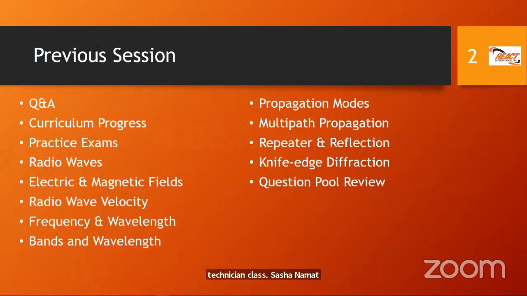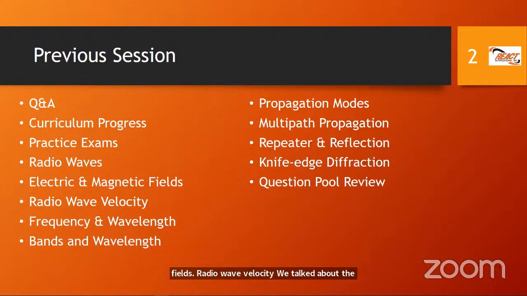During our previous session, we looked at a Q&A. We saw where we were in the curriculum. We mentioned again the practice exams. Then we delved into radio waves, electric and magnetic fields, radio wave velocity. We talked about the relationship between frequency and wavelength.